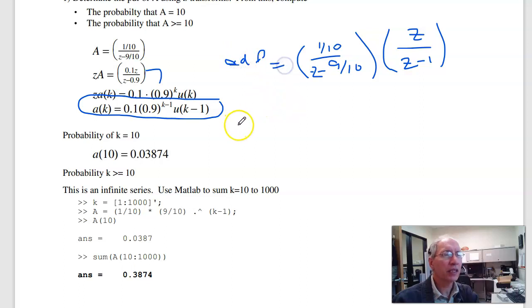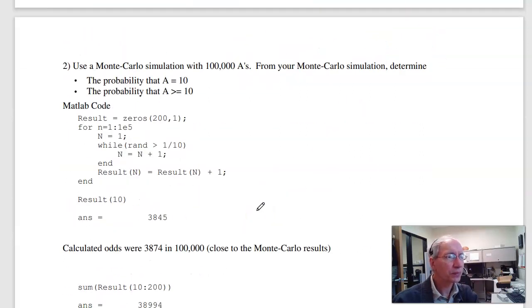That's the probability that k is less than or equal to 10. So if I do this, I'll add all these up. That'll give me the converse of this. What's that? 62%. Area of the tail then is 1 minus that. But anyway, that's problem 1.